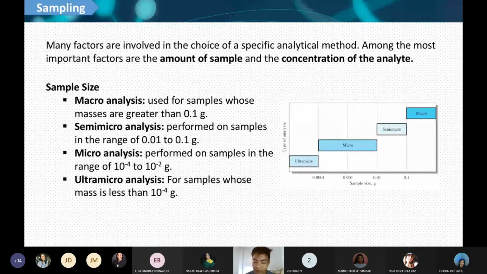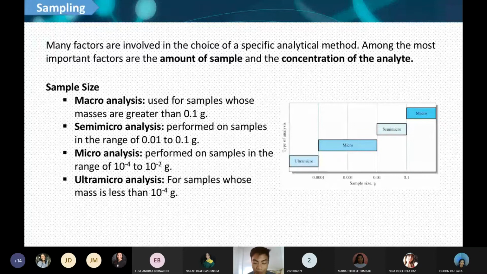Depende kasi sa type ng ina-analyze mo, depende sa amount of matter that you are looking for in your sample. There are several types of analysis that can be done. May analysis na super sensitive, there are analysis na hindi masyadong sensitive. So, again, depende sa amount ng matter na hinahanap mo, yung process mo.